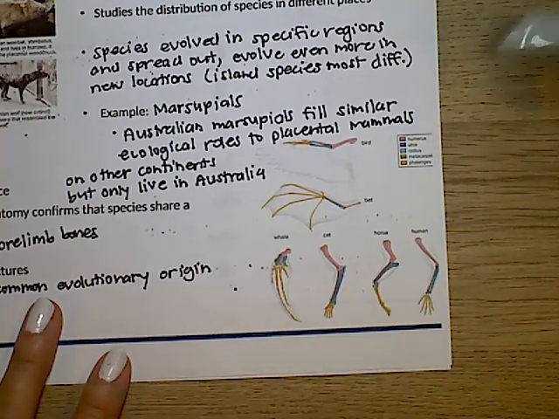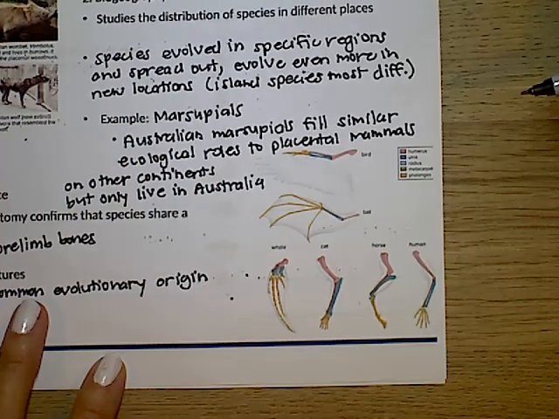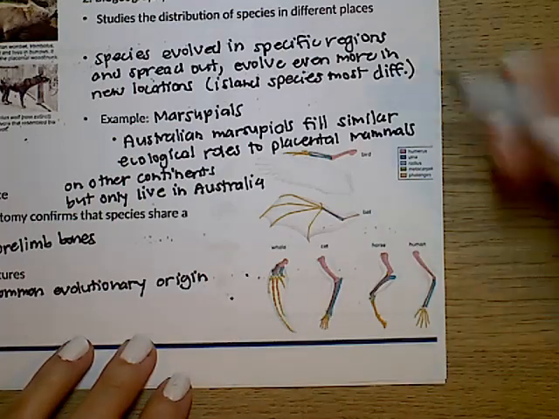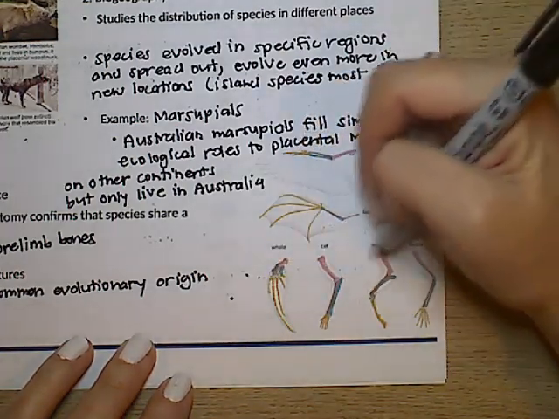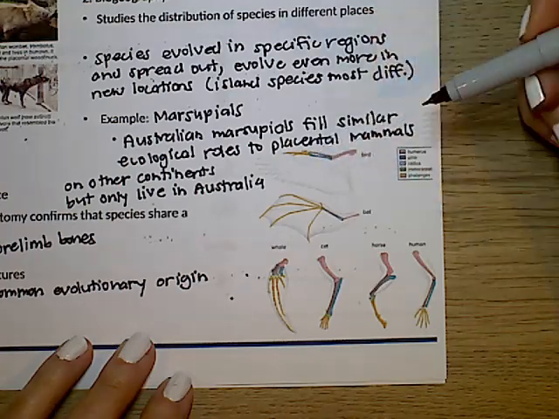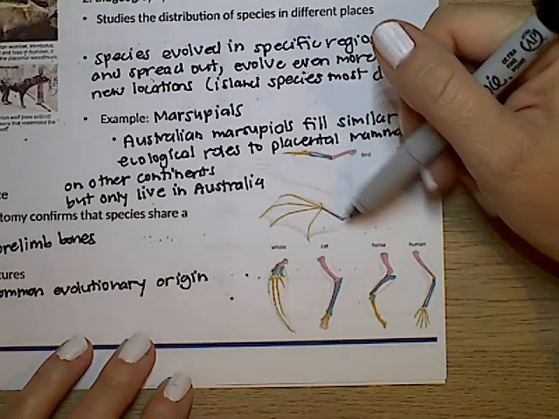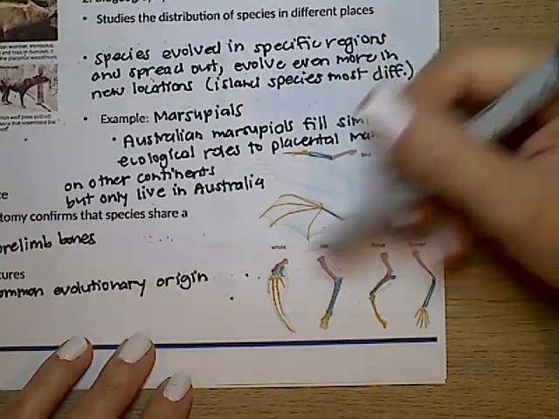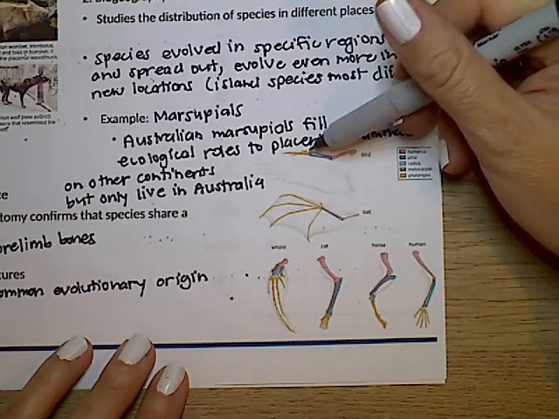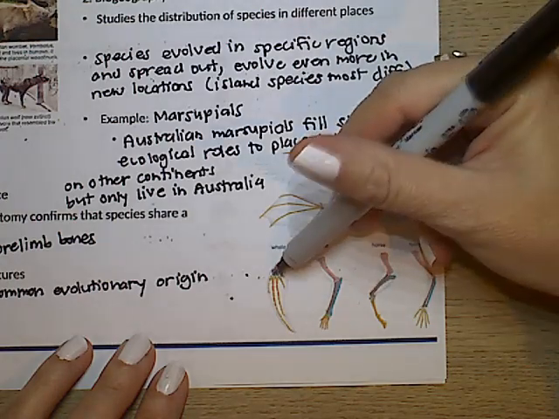And if you look, there's a similar pattern among all of these, even though they have completely different functions. In pink, there is a single upper arm bone in all of these. And next in the purple-blue, you see there are two lower arm bones in each of these. And then you have green wrist bones, or metacarpals.